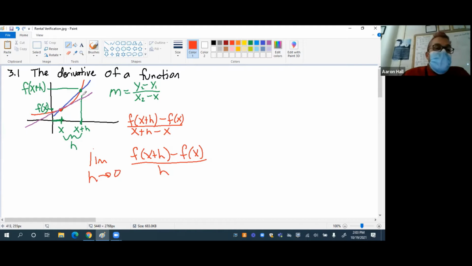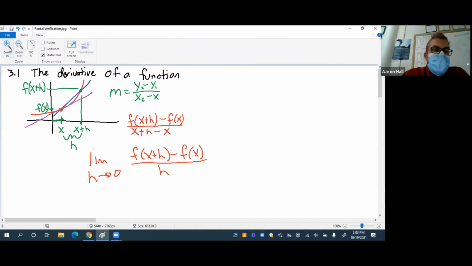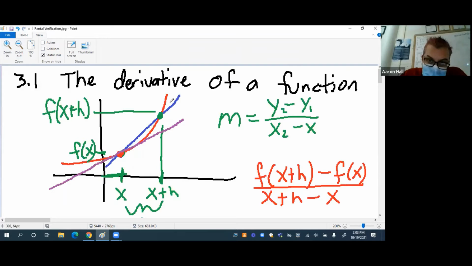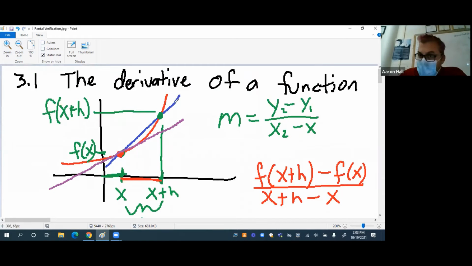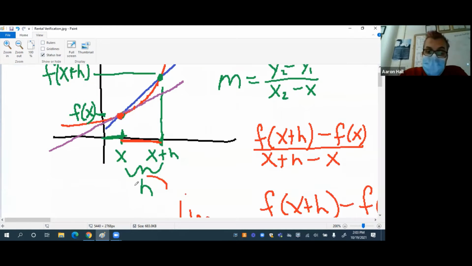If I zoom into the graph, starting with this secant line, the blue line, as h, this distance here, becomes infinitely small, this point gets closer and closer to this point here of x comma f of x. To make a tangent line, we're literally finding the limit as h approaches 0.